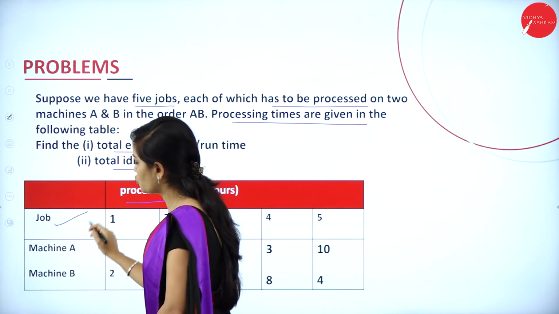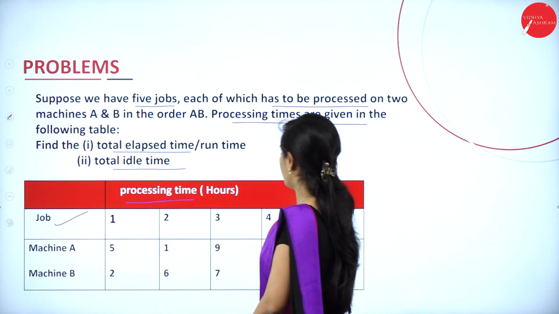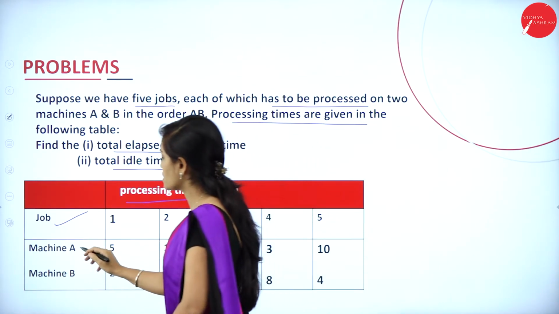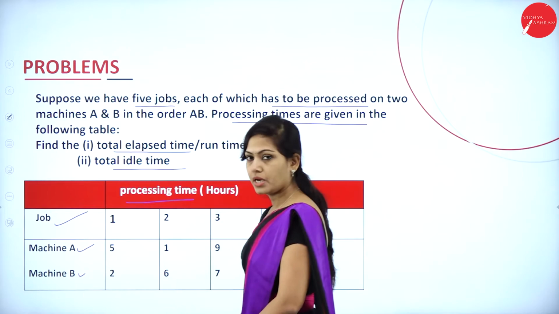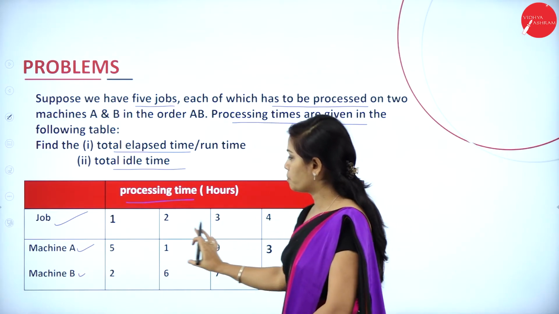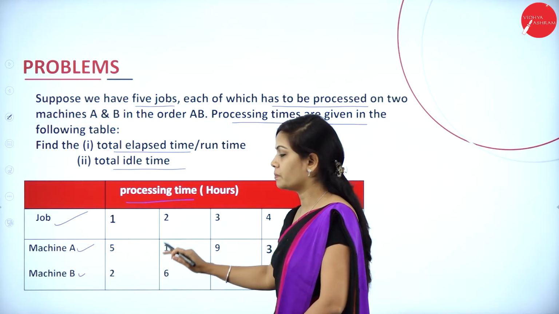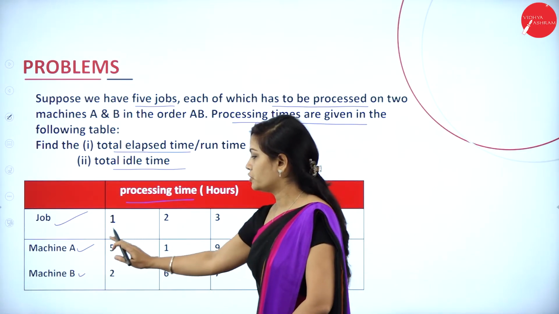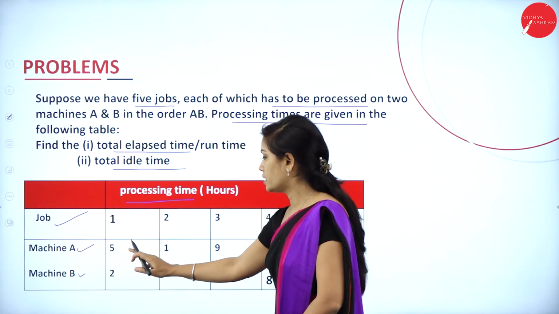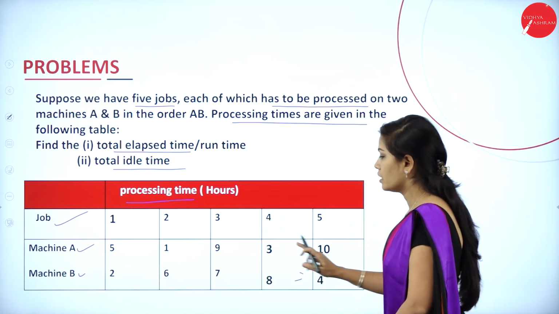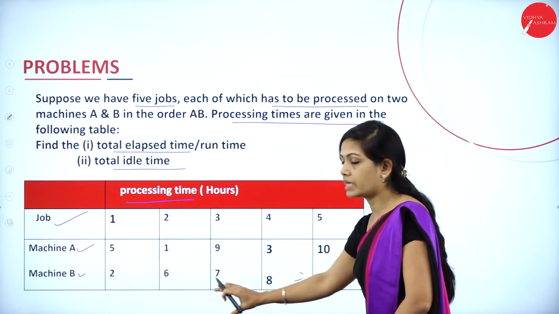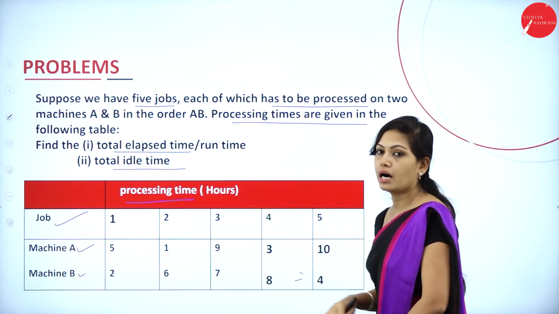You have 5 jobs: 1, 2, 3, 4, 5, and two machines, machine A and machine B. Here you have the processing time for each machine: 5, 1, 9, 3, 10, 2, 6, 7, 8, 4. This is called the processing time, represented in hours.